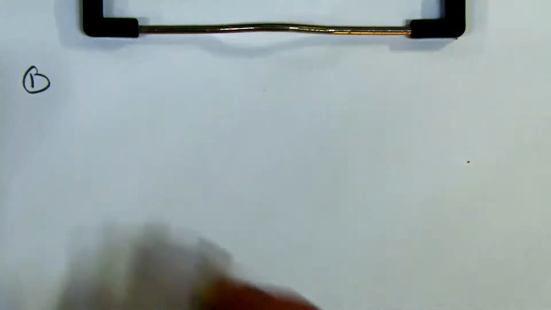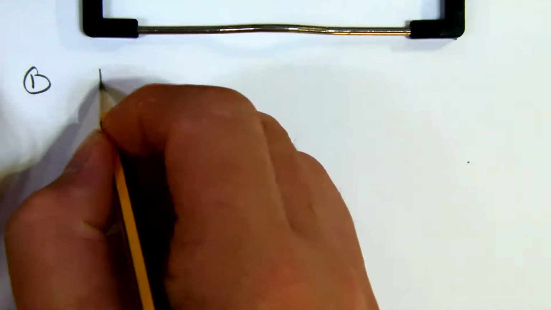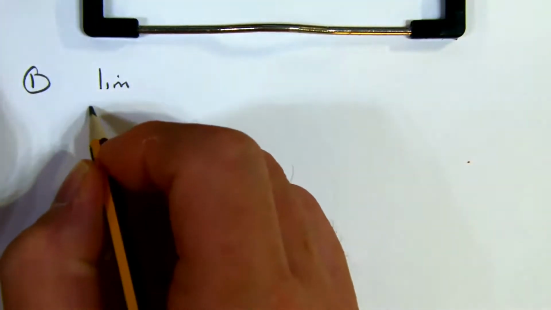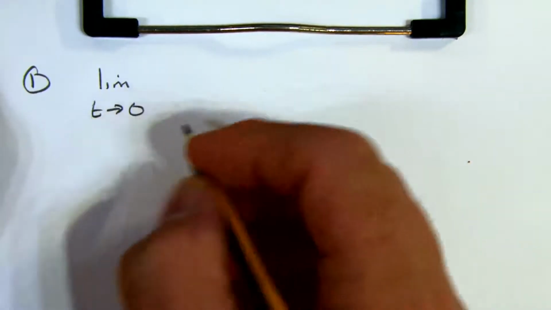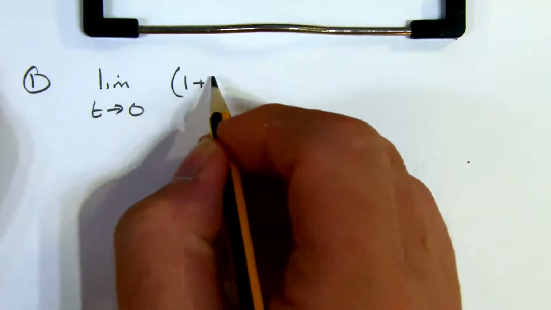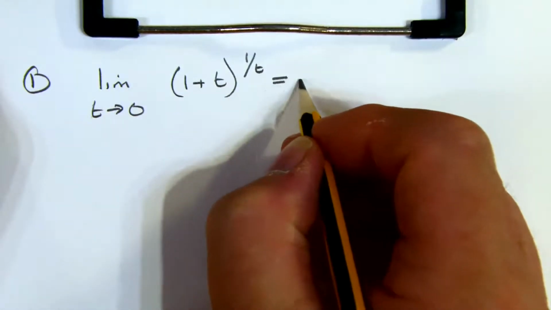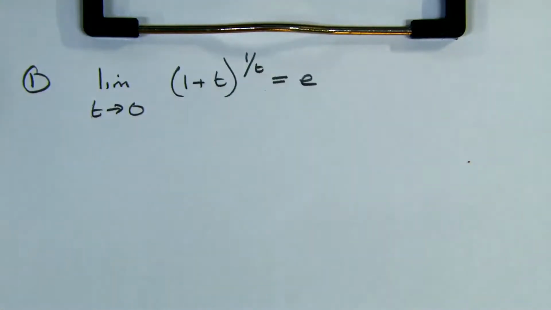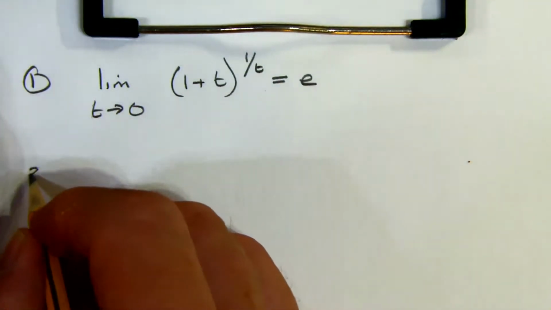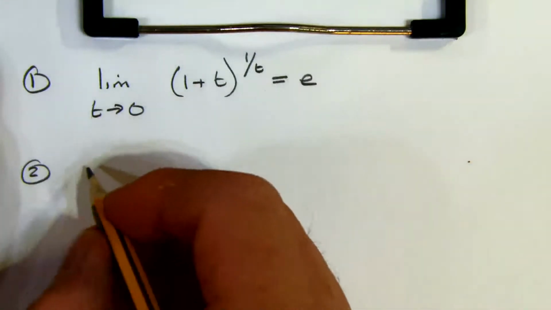Right, okay. So let's put down our key results. We've just had our first one here, and our first one is that the limit of t approaching 0 of (1 plus t) to the power of 1 over t is equal to e. Let's look at our differential one.